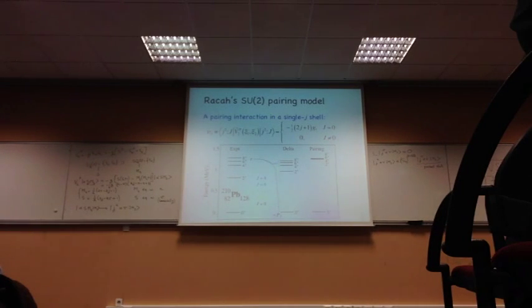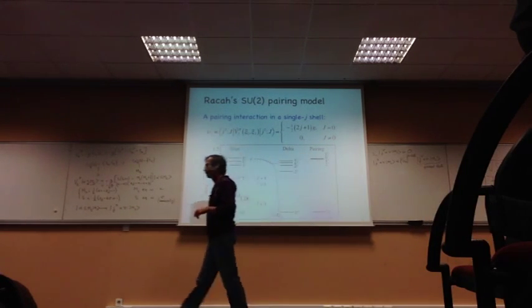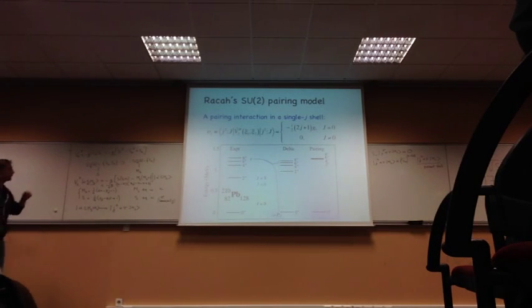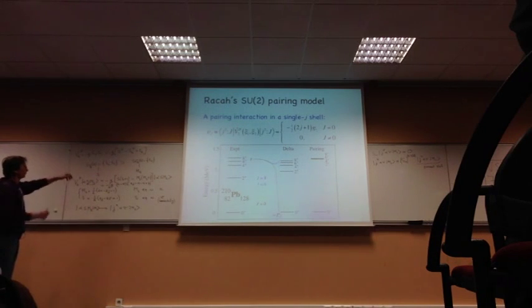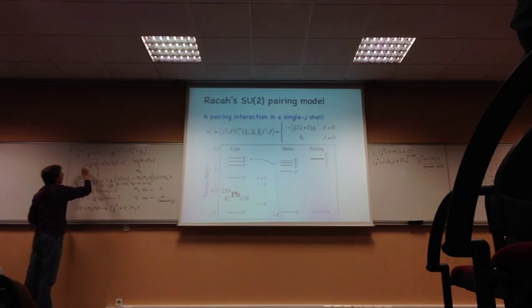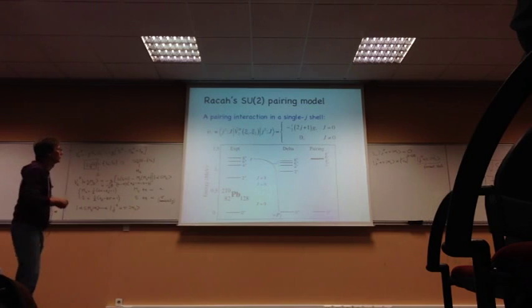That's the idea. That's why I can call it seniority. Okay, and this is a much simpler derivation than in terms of symplectic algebras, because all the properties can be derived from properties of SU(2). These we know very well. Okay?